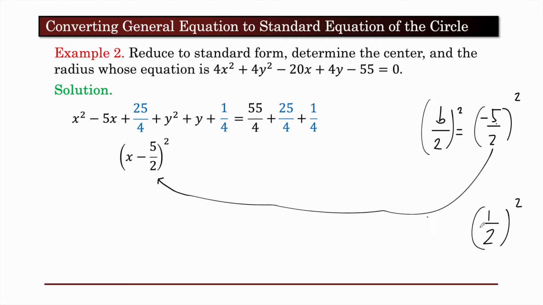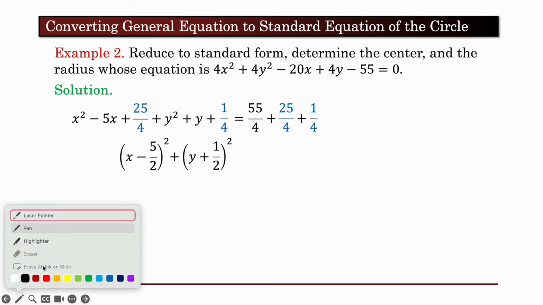So the value inside the parenthesis is 1/2. That's why the factor of the y term must be y plus 1/2 raised to 2. 'Di ba? Match po sila. So, kung nahirapan kayo or you are struggling to find the factor of the x and y term, you can do this strategy. And then, okay, we're done on the left hand side.